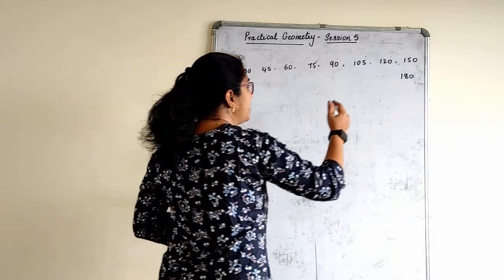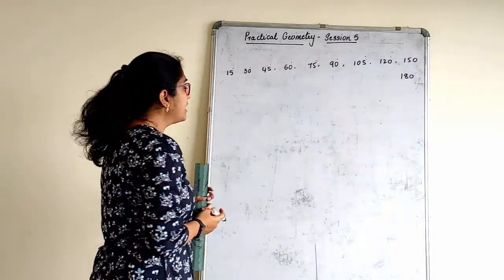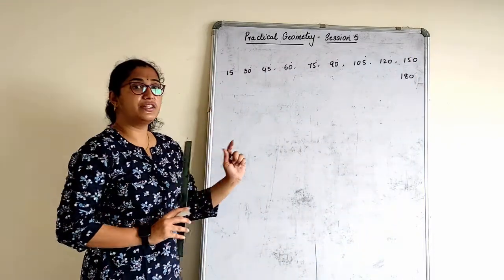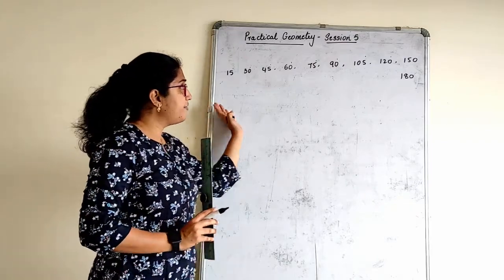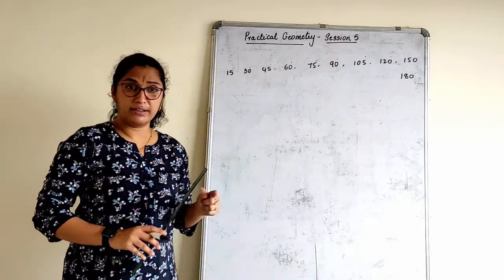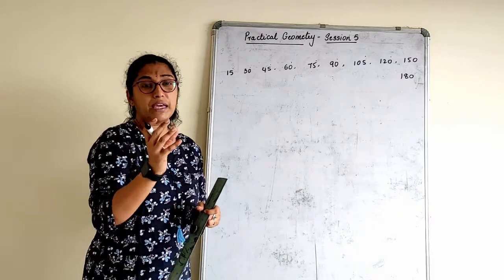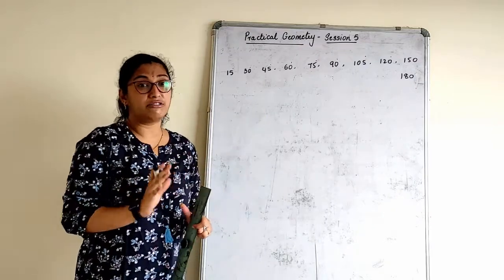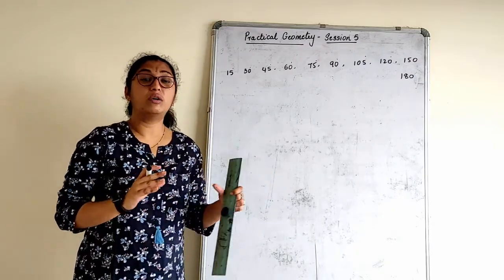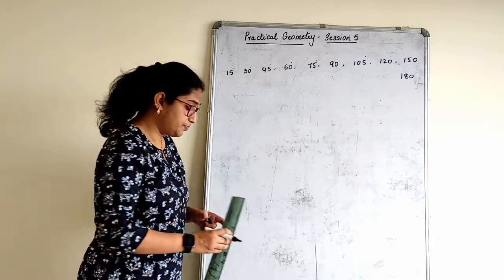Here we have not come across 150 or 180 anywhere. Simple first, I will first finish how to construct these angles. Then I will show you one typical construction using the quadrilateral angle. But basically you should know how to construct these angles.